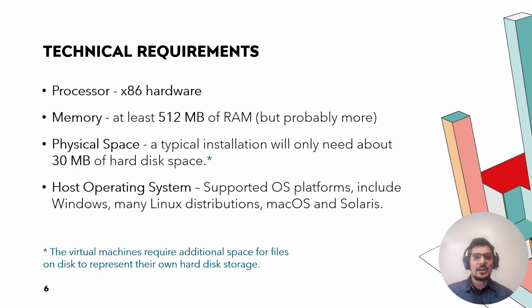The software itself only needs about 30 MB of disk space, but keep in mind that each virtual machine will require additional storage. It supports several host operating systems, as said before, including Windows, Linux, Mac OS, and Solaris. Meeting these requirements ensures the software runs smoothly.